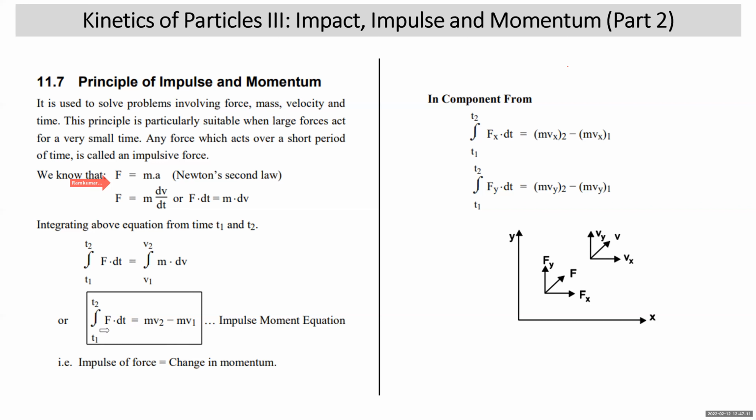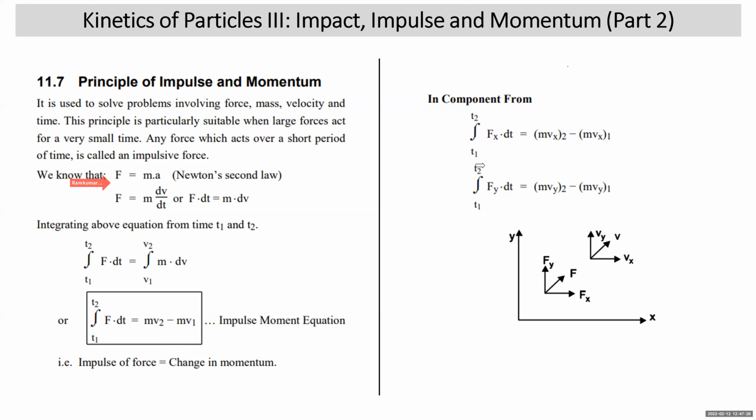The left hand side is the product of force and time. This is called the impulse of the force. What is the impulse of the force? It is the product of force and the small time for which the force is exerted. So this is called the impulse momentum principle.